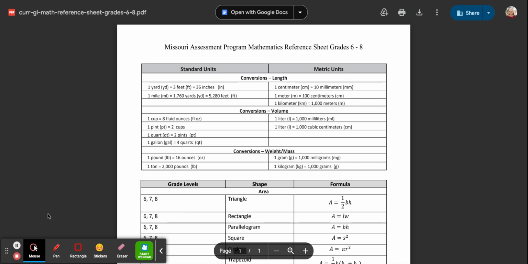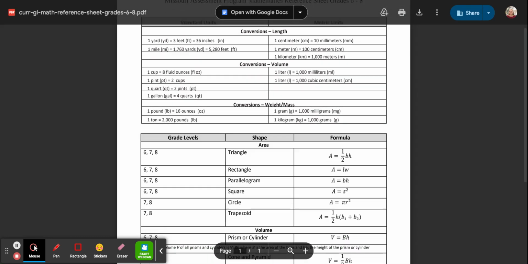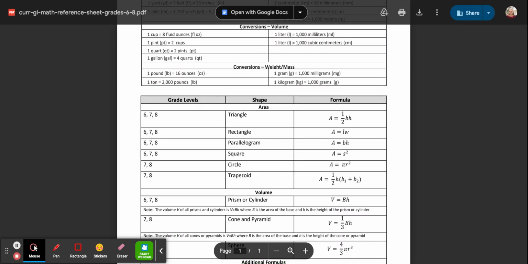If you haven't seen one before, the reference sheet is basically like those charts I have hanging up around the room during tests that you can use for formulas or different conversions. It's very helpful whenever you're trying to convert units, or if you need to remember a formula for area or volume, which is what we've been doing lately.